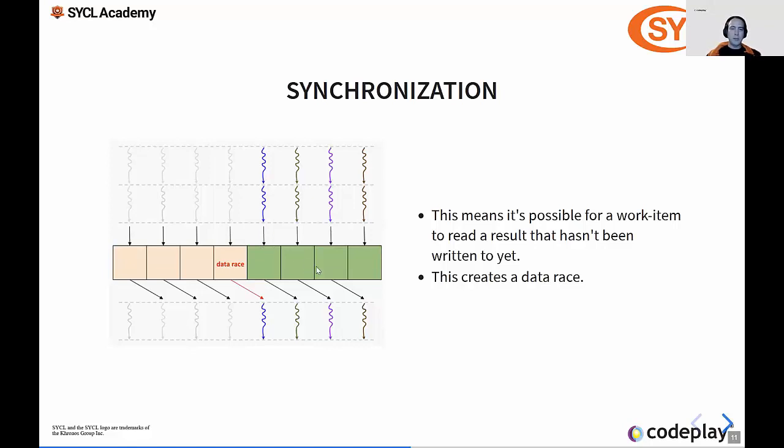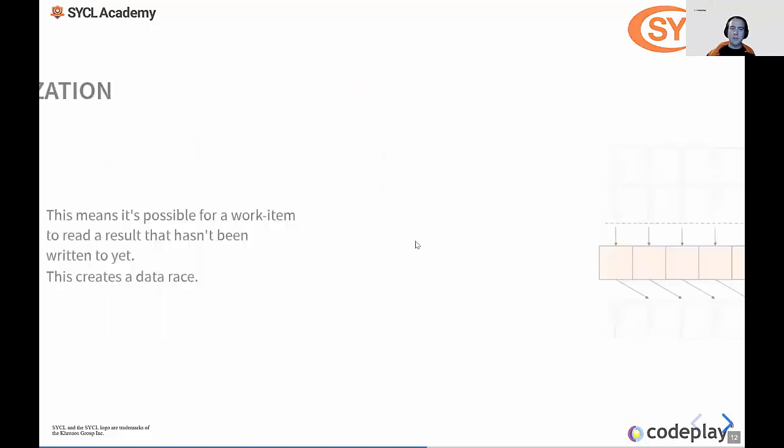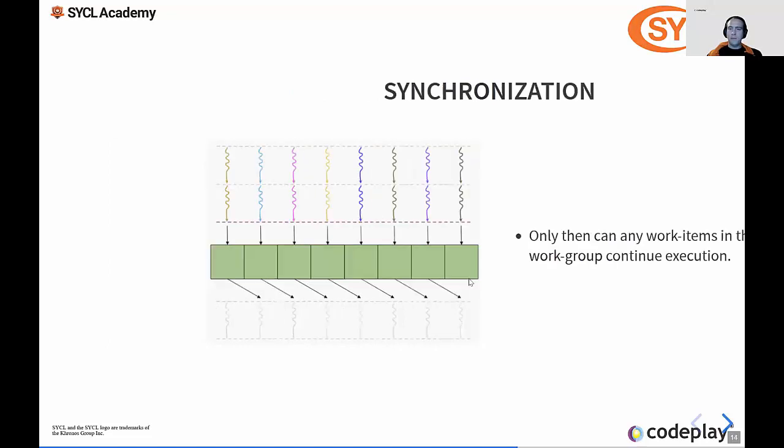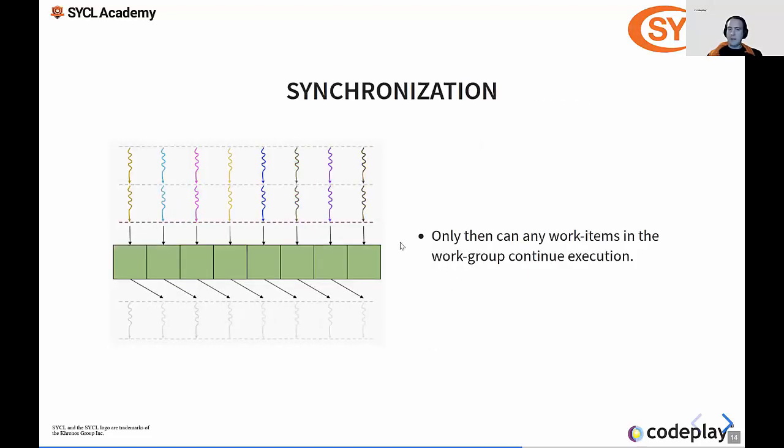It's generally only the width of the SIMD unit, for example, that is going to execute in lockstep. So you need to synchronize that. And only when you have the barrier, then you can continue with your execution.